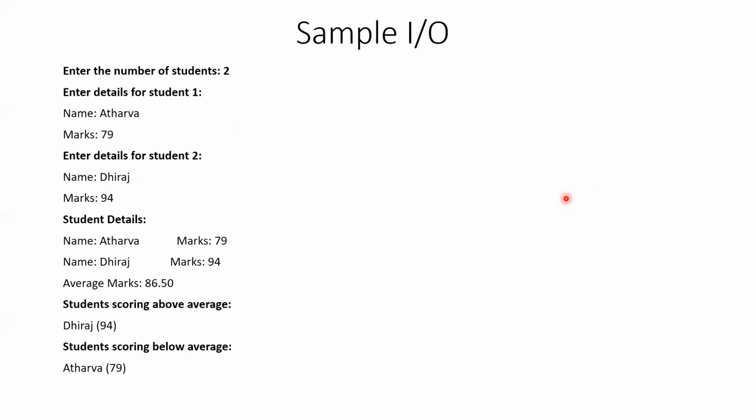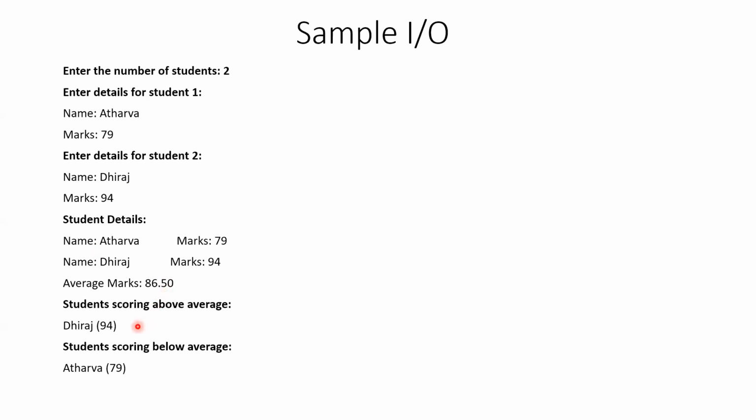If we consider the sample input and output, first we need to enter the number of students, then the details of the students, like the name of the student and how many marks they scored. Later we generate the student details, and once again we can print them. The important thing is printing the average marks. 79 and 94 are the scores of two students, so the average will be 86.5.